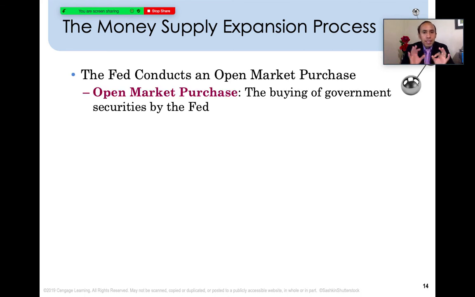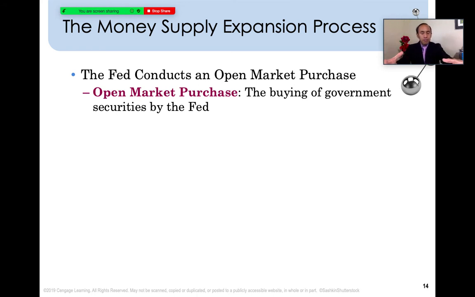The Fed can engage in open market operations. And one of those is an open market purchase. An open market purchase is the buying of U.S. government securities by the Federal Reserve, meaning that we're going to buy the securities that are already out there from a bank or from the public or from anybody that holds that security.